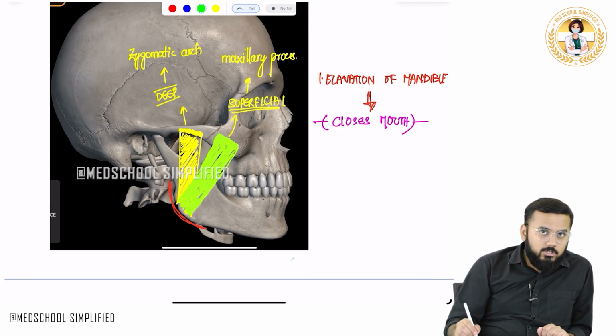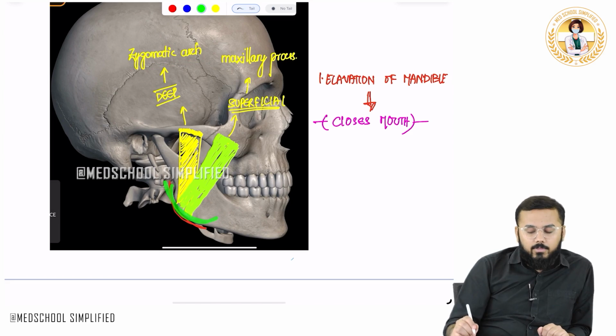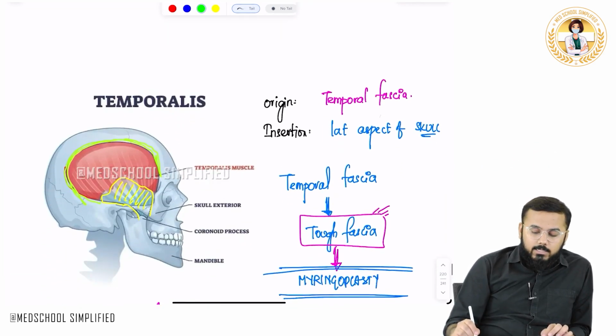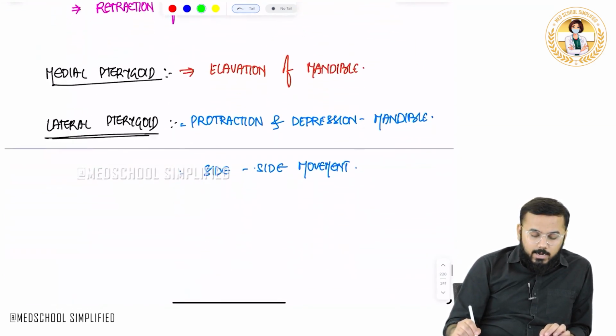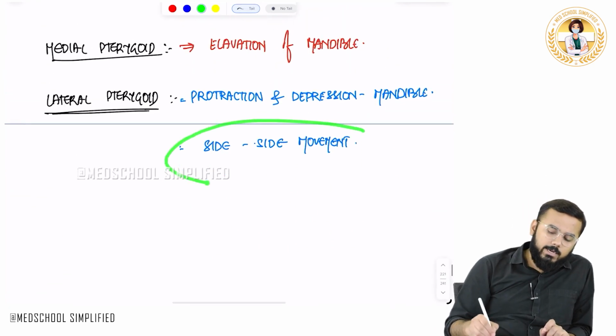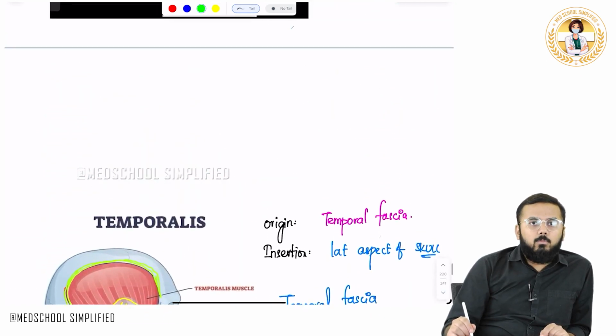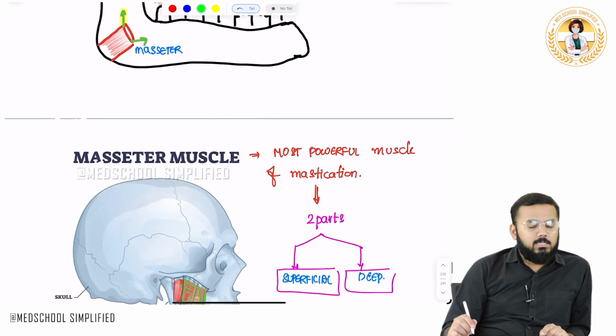Where does the deep part originate from? From the zygomatic arch itself. But where are they inserting both of them? They are inserting to the angle of the mandible. Okay. Next is your temporalis muscle, and medial pterygoid and lateral pterygoid. And most important is side to side movement is done by lateral pterygoid. Okay. So these are some of the very important things which you need to know regarding the muscles of mastication.